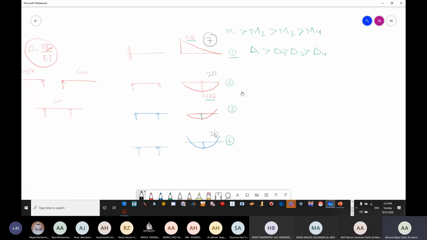If we rearrange the equation, which is span by effective depth equal to modification factor into ratio, or whatever we said previously, that d small is equal to span divided by modification into ratio. Now I can say, by rearranging the equation, that span is equal to d multiplied by modification factor multiplied by ratio.